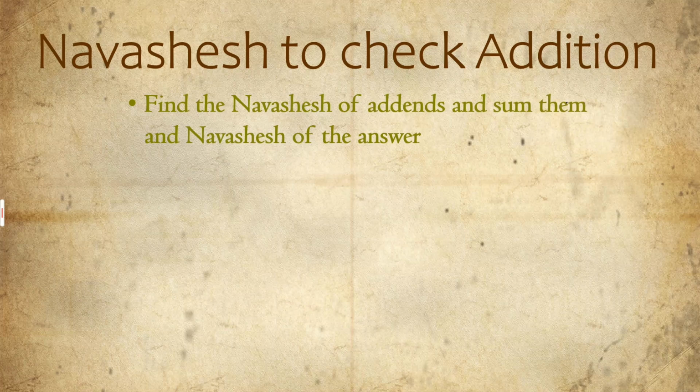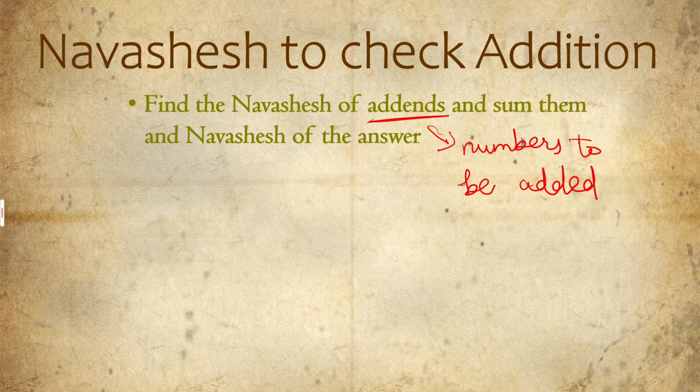Find the Navashesh of addends and sum them and Navashesh of the answer. So now we need to find out the Navashesh of addends and the answer. If you're wondering what addends are, it is basically the numbers to be added. So we find the Navashesh of each and every addend that is there.